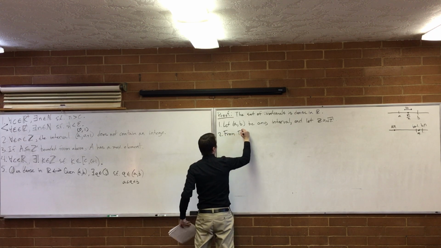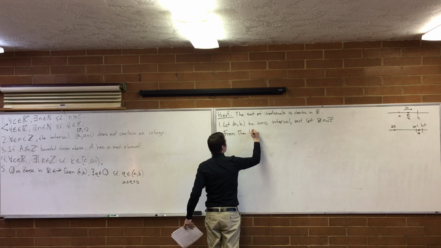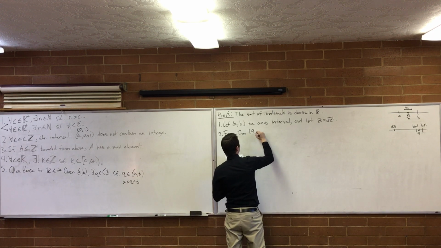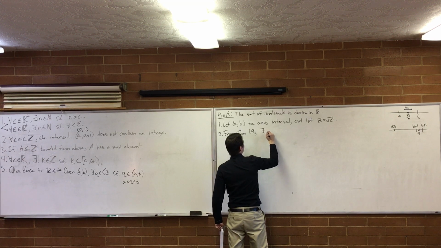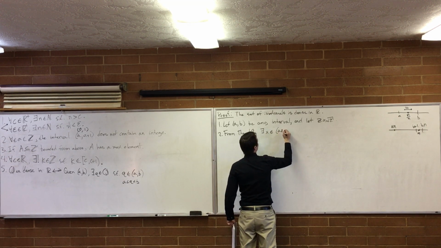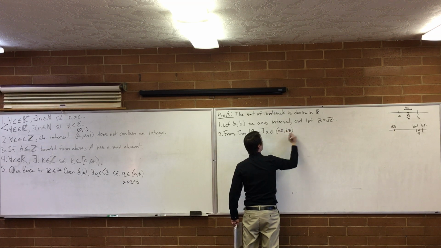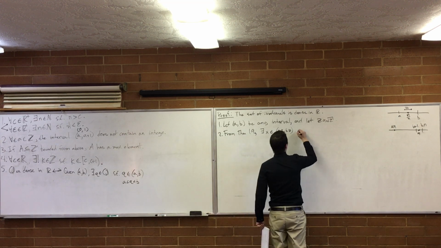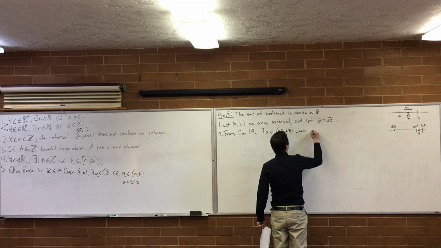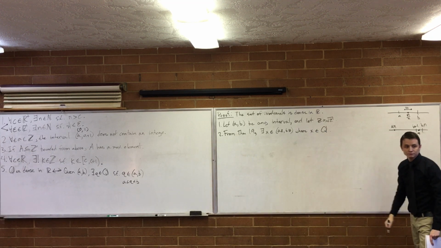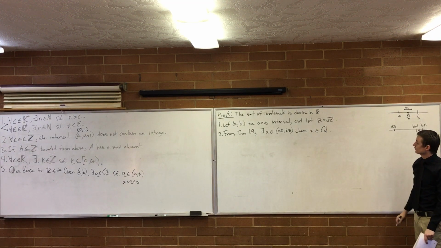From theorem 1.9, which is the last one we did, there exists x in (a over z, b over z), where x is rational. Do we know that a rational times an irrational is irrational?